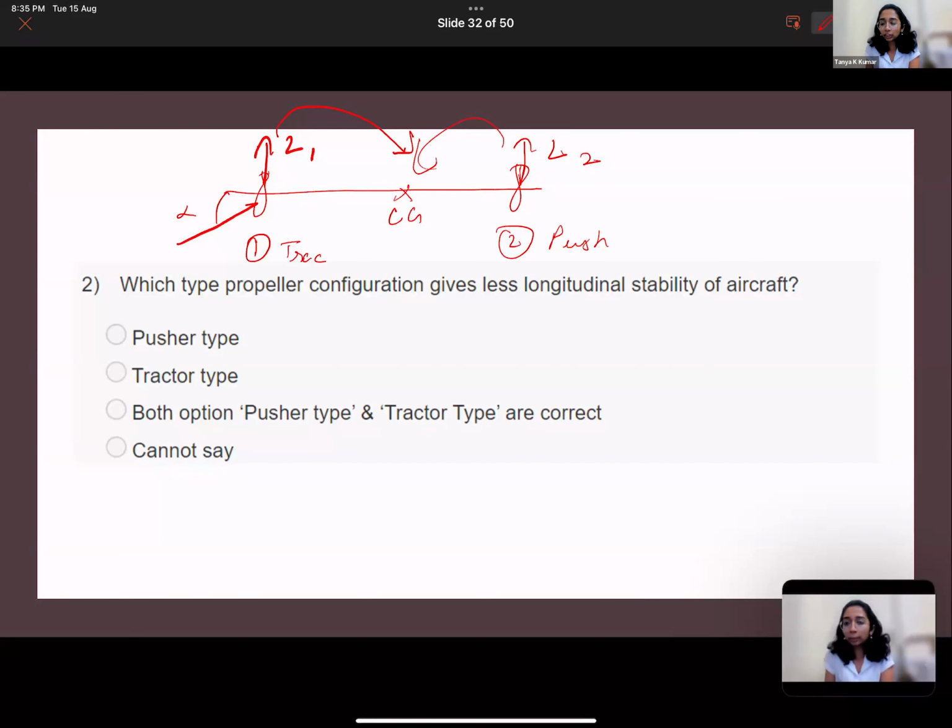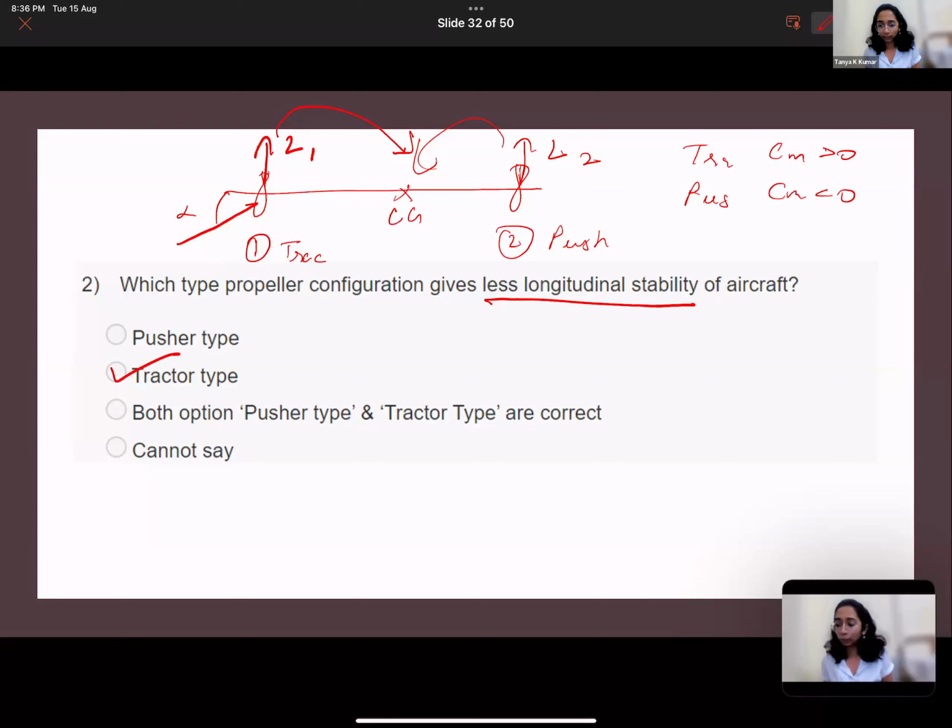We require pitch down. We require Cm alpha to be negative. So tractor gives you Cm greater than 0. Pusher gives you Cm less than 0. Exactly. B is the right answer.